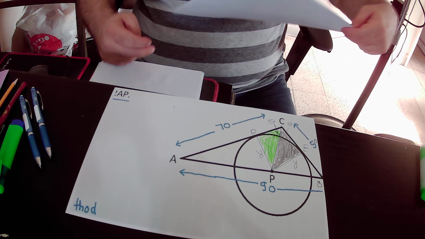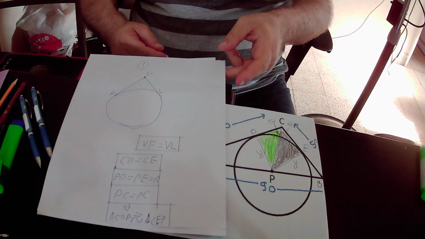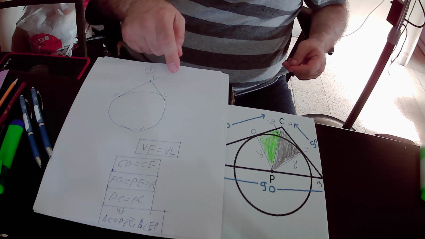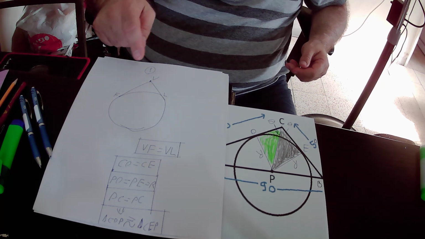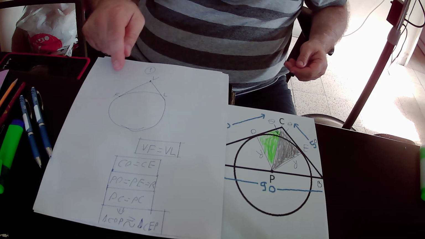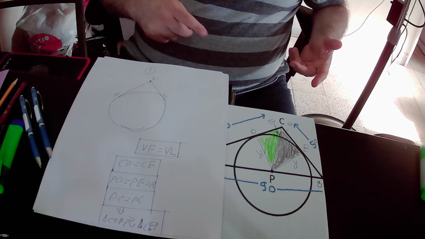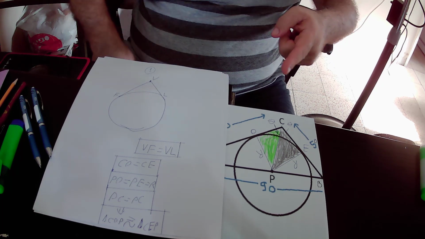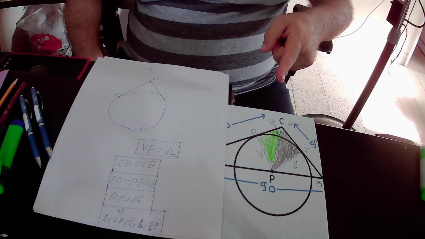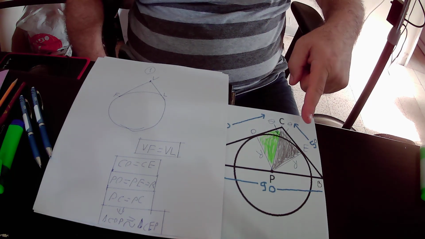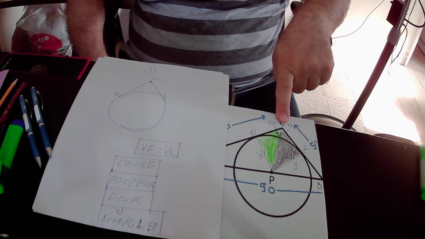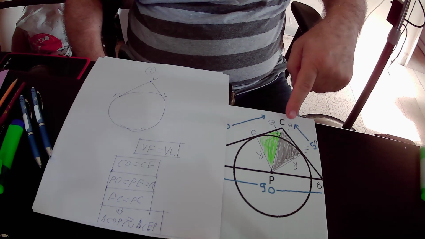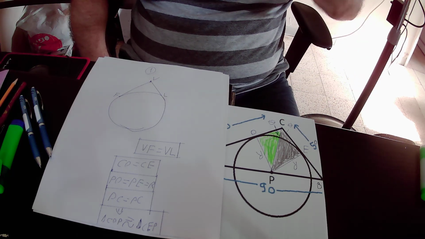So according to the rule that if from an external point of a circle you draw two tangents to the circle, then those two tangents are equal to each other. So according to this rule, we can deduce that CO also equals CE, because C is an external point of the circle, and we have two tangents from it.